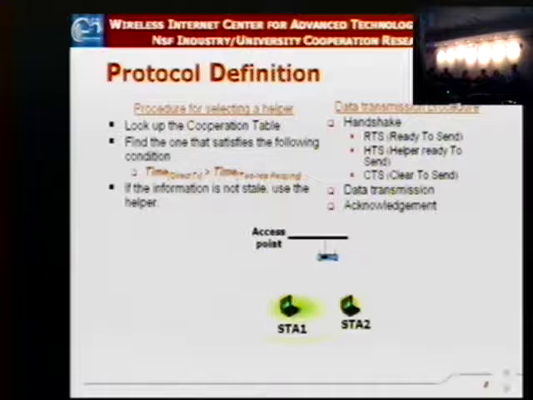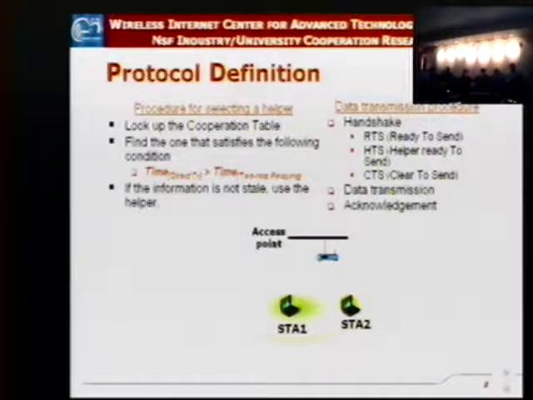So once the station finds a good helper, and once the information that it maintains in its CoopMAC table is not stale, it decides to use this helper.